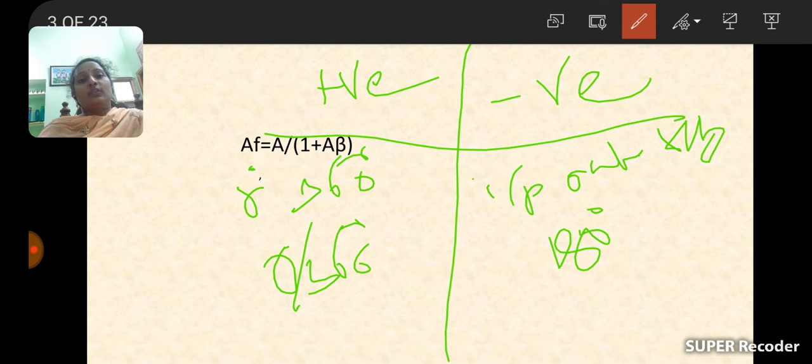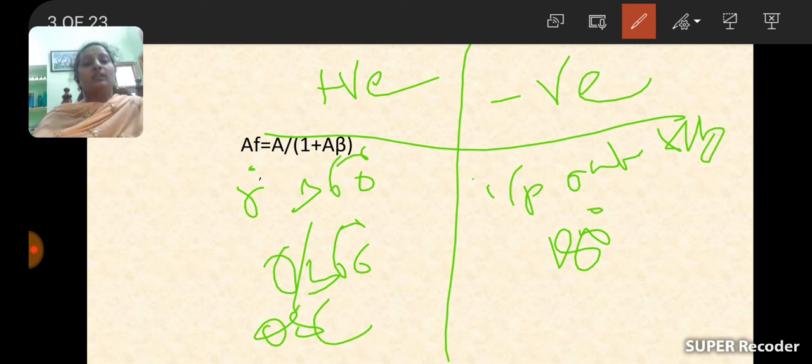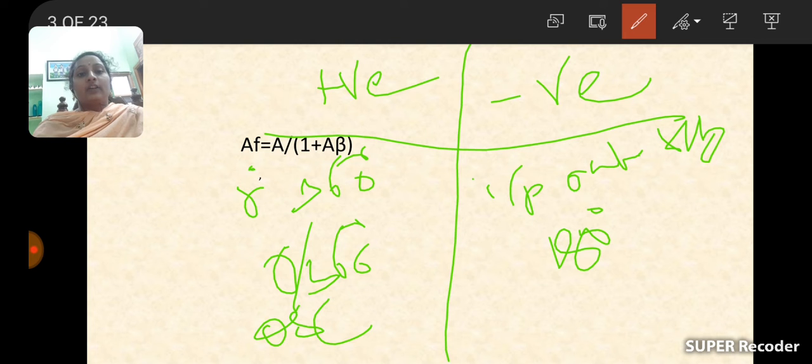Positive feedback is used in oscillators. Why? Because if any circuit acts as an oscillator, it must obey the condition of producing 0 or 360 degrees phase shift. An oscillator is a circuit that is used to produce an oscillation waveform.